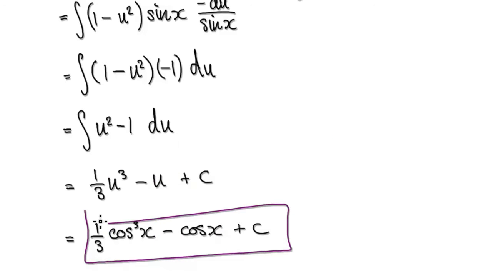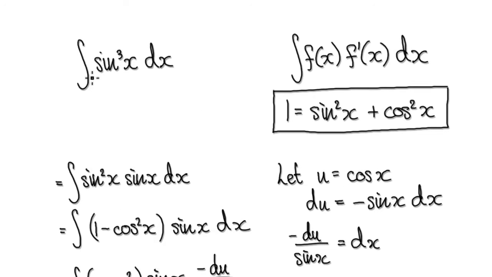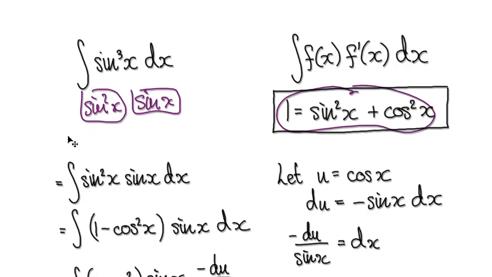The whole point of this video is that when given something like this, you're always striving for this. So break it up as sine x as one block and sine squared as another block, and then make use of this to turn this block all in terms of cos.